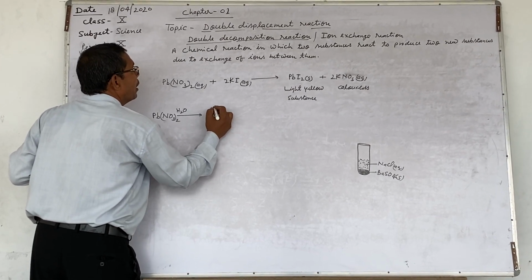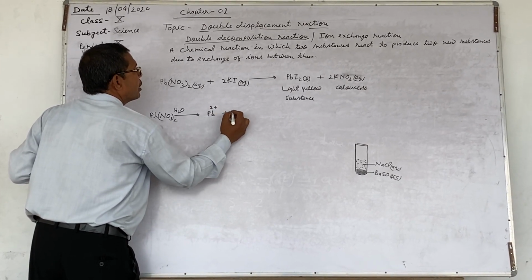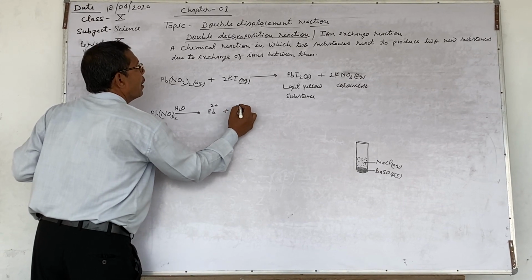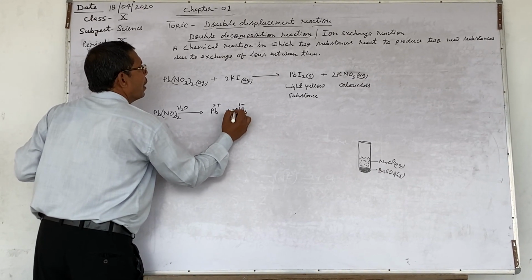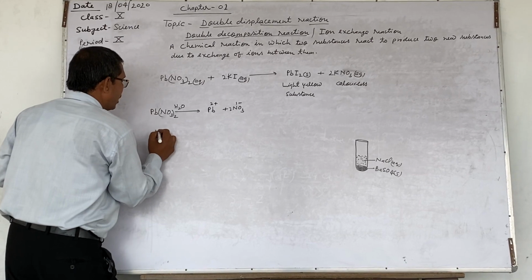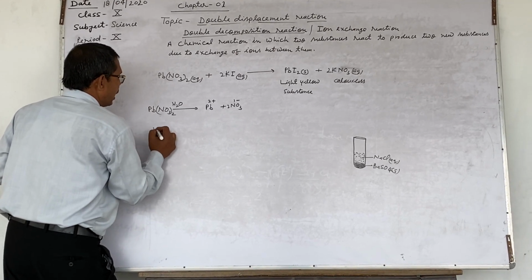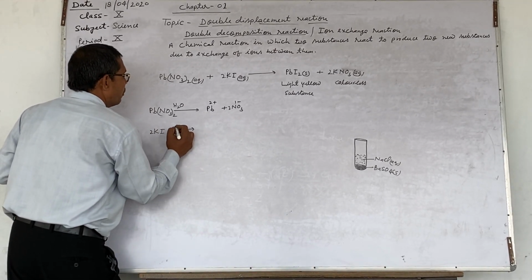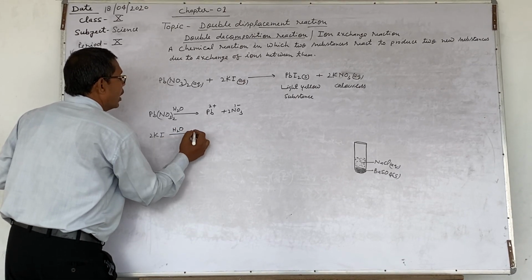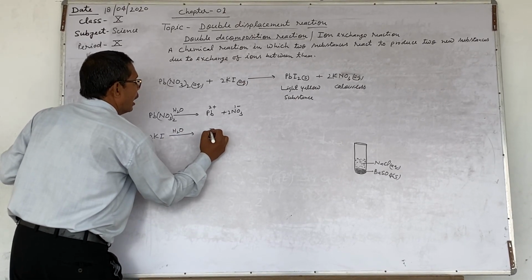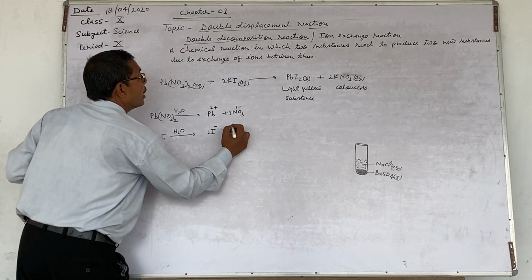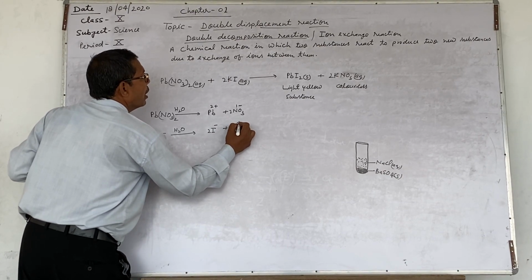Lead ion plus nitrate ion, and potassium iodide KI they produce in water iodide ion plus potassium ion.